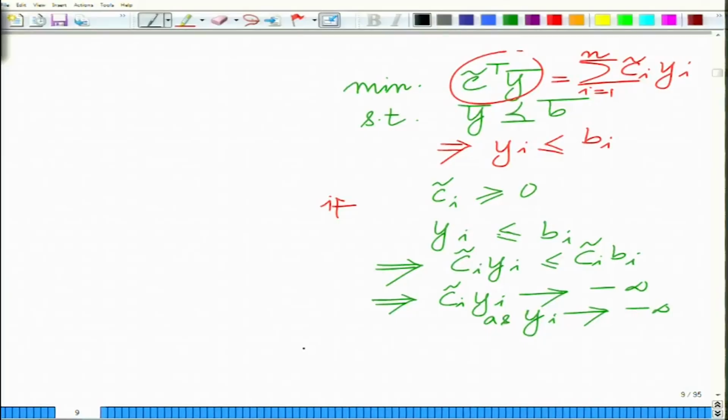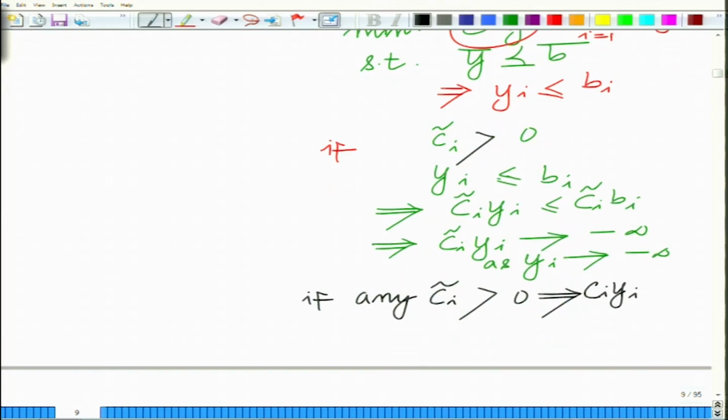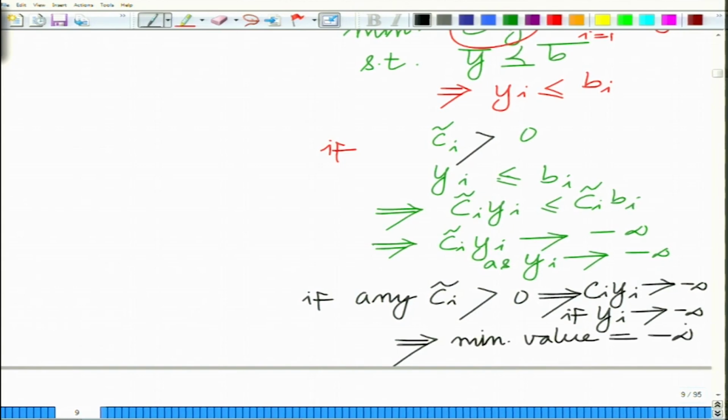Okay. So, if any C i tilde is greater than or equal to 0, implies C i tilde y i tends to minus infinity if y i tends to minus infinity, implies minimum value equals minus infinity.